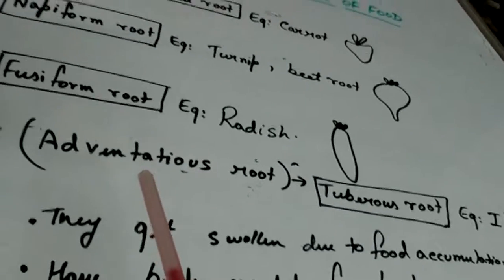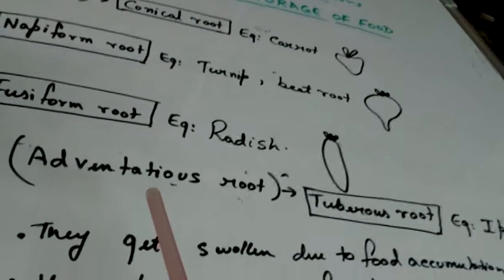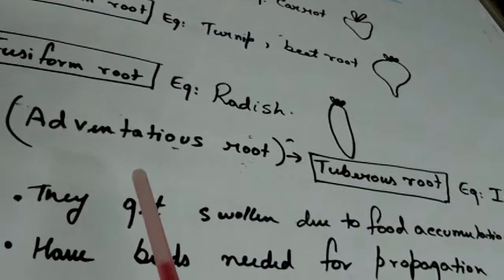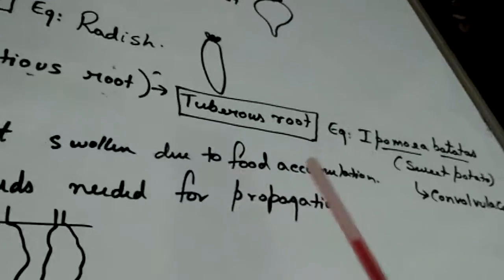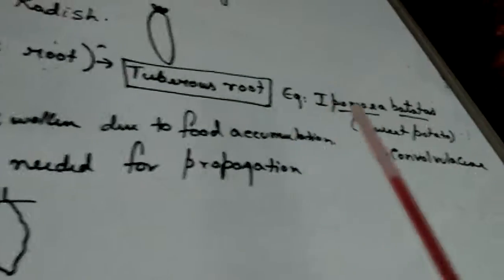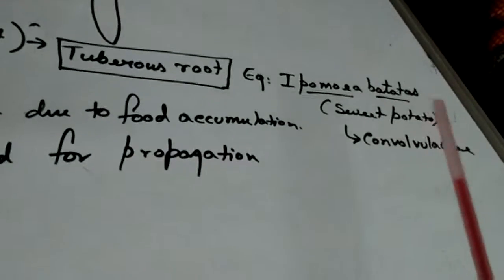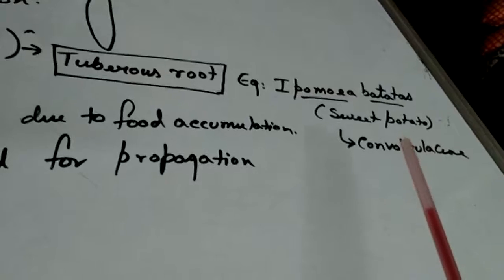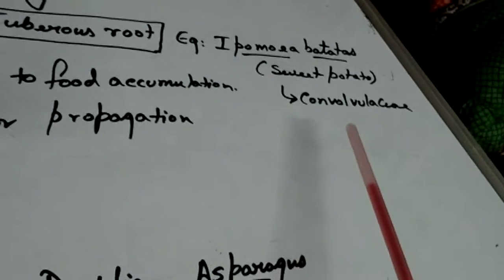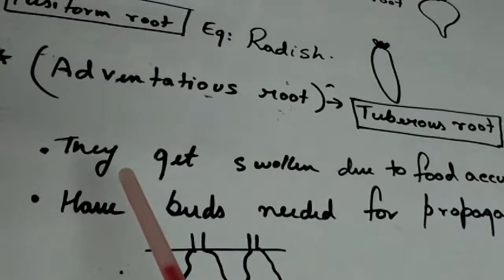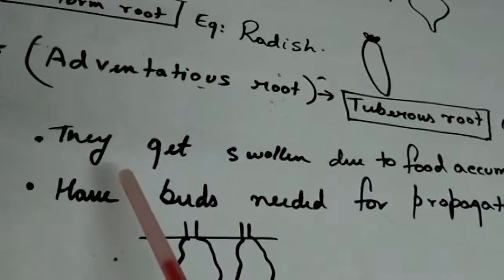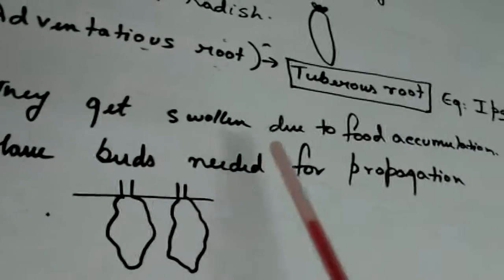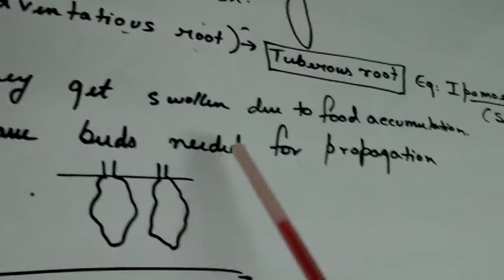Then the second type of food storage root is adventitious root, and the first category is tuberous root, example Ipomoea batatas, commonly known as sweet potato, belonging to the family Convolvulaceae. Adventitious root gets swollen due to food accumulation. It has buds needed for plant propagation.